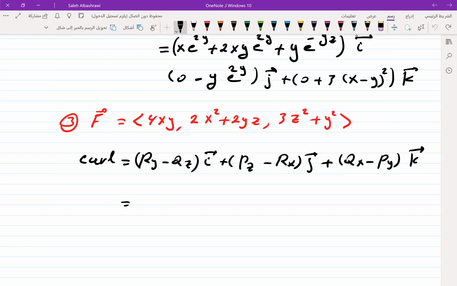Now differentiate r with respect to y. This is p, this is q, and the last one is r. So with respect to y, it is 2y minus q sub z. Differentiate the second one with respect to z, it is 2y.